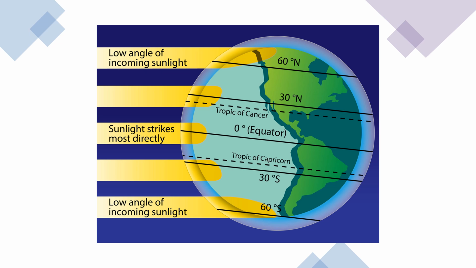That is why Philippines is considered as a tropical country. And as you can observe, as the latitude increases, temperature decreases, which makes the two poles, north and south poles, experience a cold climate.